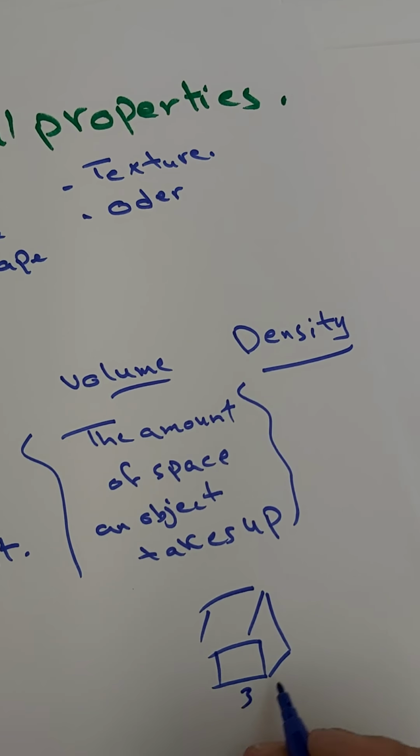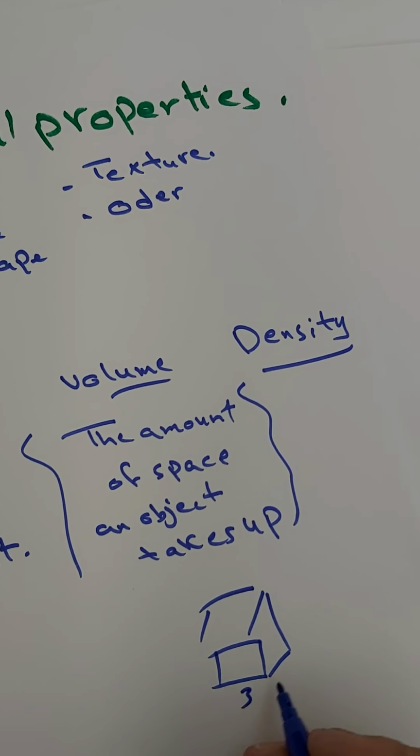If the density of the object is greater than the density of water, it will sink. If the object is less dense than water, it will float. So denser than water means sink and less dense means float.